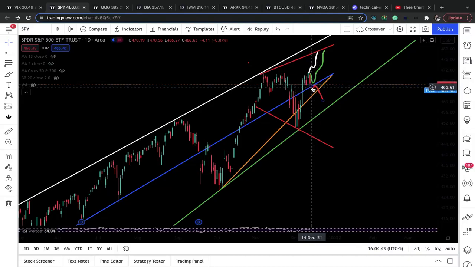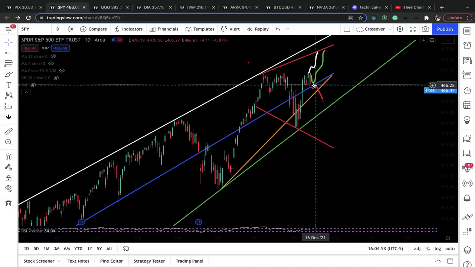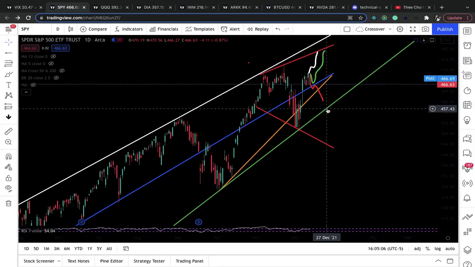Because if we lose that level, right now tomorrow it would be around 466.56, right? If we lose that level, which we pretty much did today, well, almost, tomorrow I will be entering on that retest, and I will start betting to the downside, okay? We could head down pretty low.